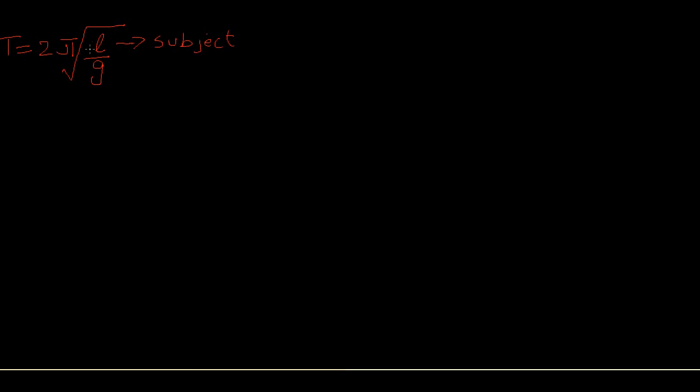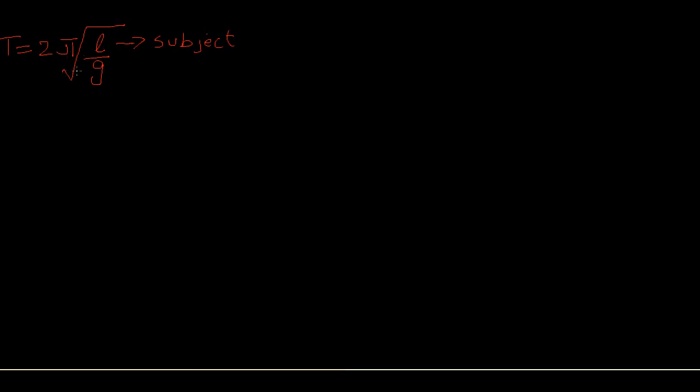Our equation is T equals 2 pi square root of L upon G. Here we have the values of T, 2 pi and G. Our subject is L. We don't have the value of L, and we have to transform this equation in a way that we get an equation which can find the value of L.